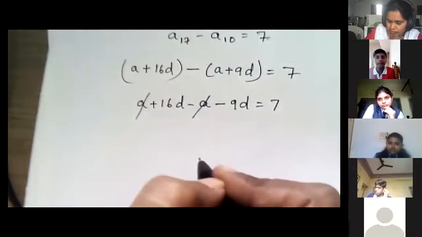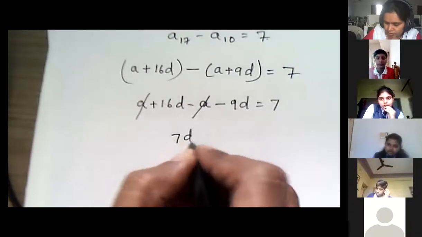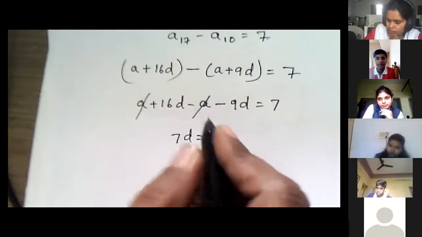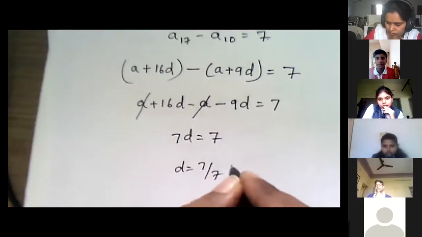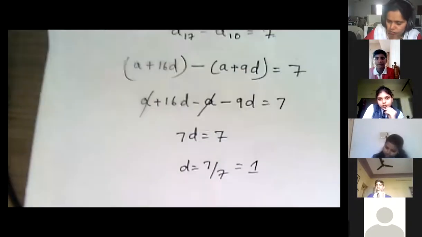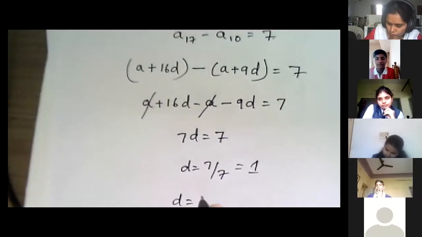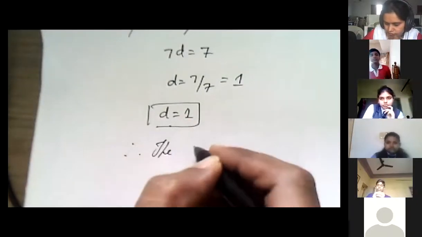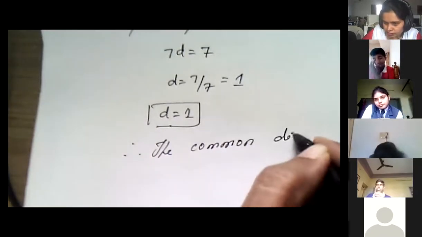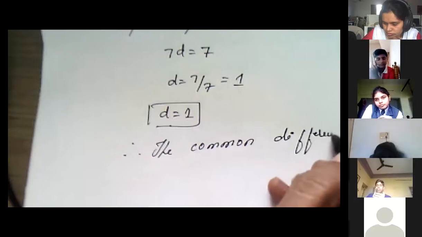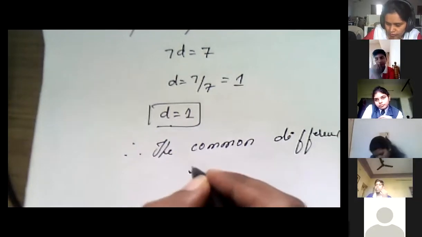So now it is 16D minus 9D, that is 7D. D equals 7 upon 7, which is 1. So D equals 1. Therefore, the common difference is 1.